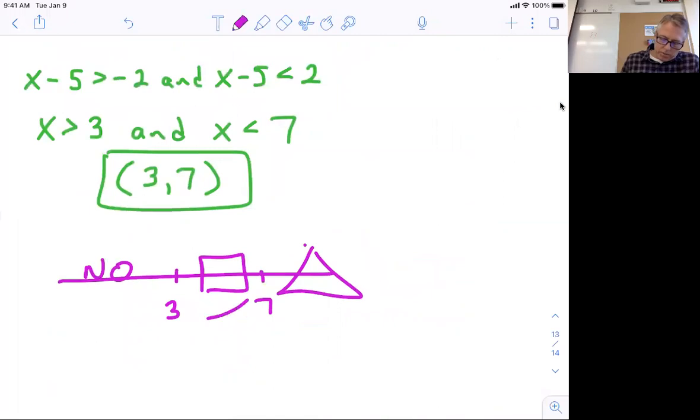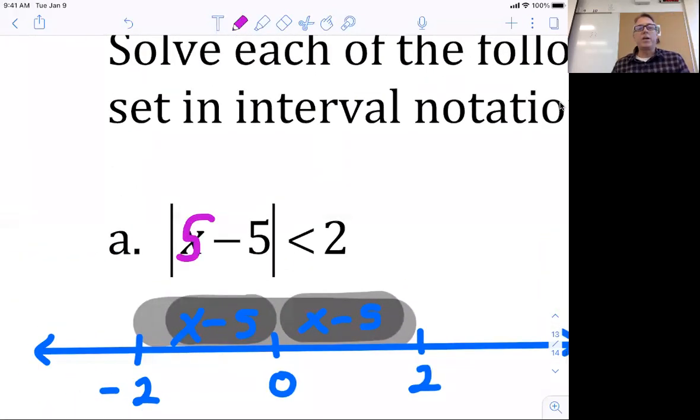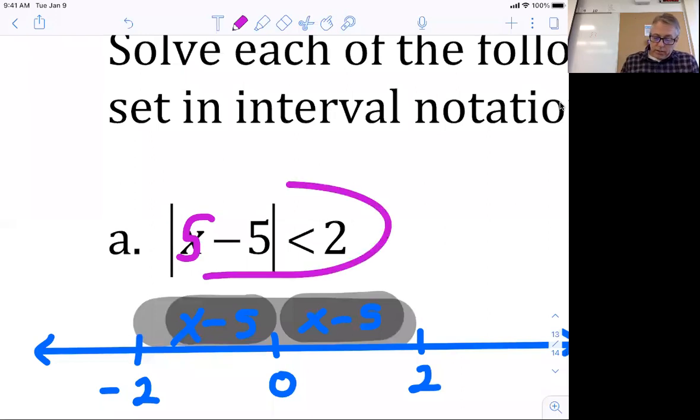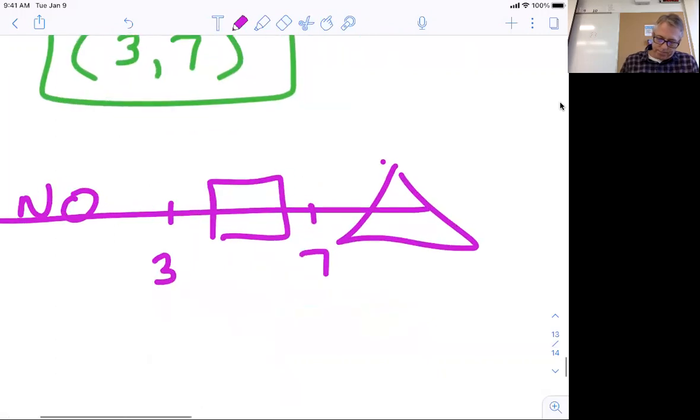If you choose a number between 3 and 7 in that middle region, like 5, and I plug 5 into the original, 5 minus 5 is 0, absolute value of 0, which is less than 2. So 5 does work. So looking down here, this region does work.